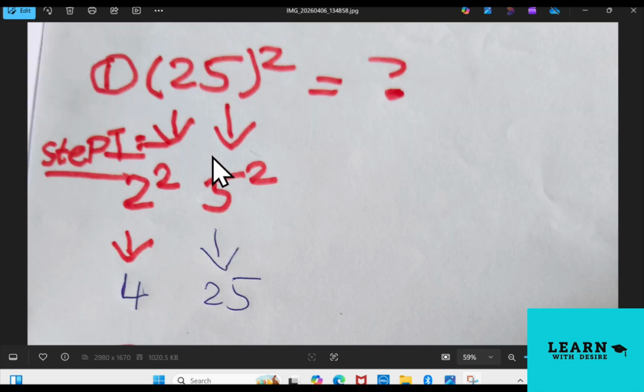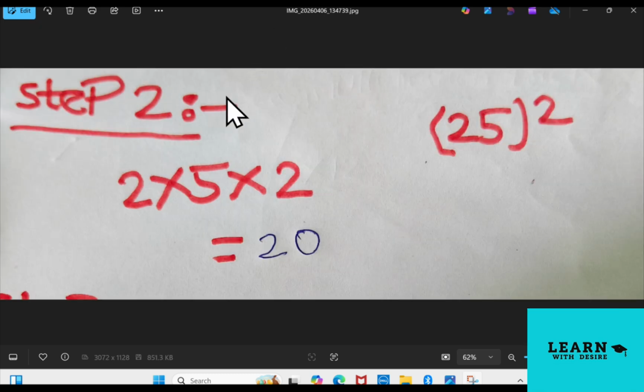Here for finding the square, first we have to find the square of the individual numbers. That is like this: 2 square equals 4 and 5 square equals 25. After finding the square of the individual numbers, in step 2, we have to multiply these two numbers and then by 2.